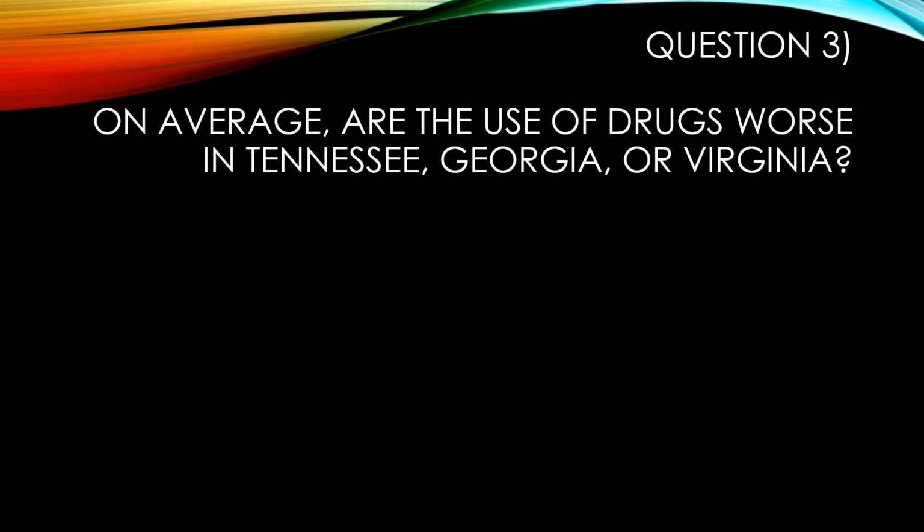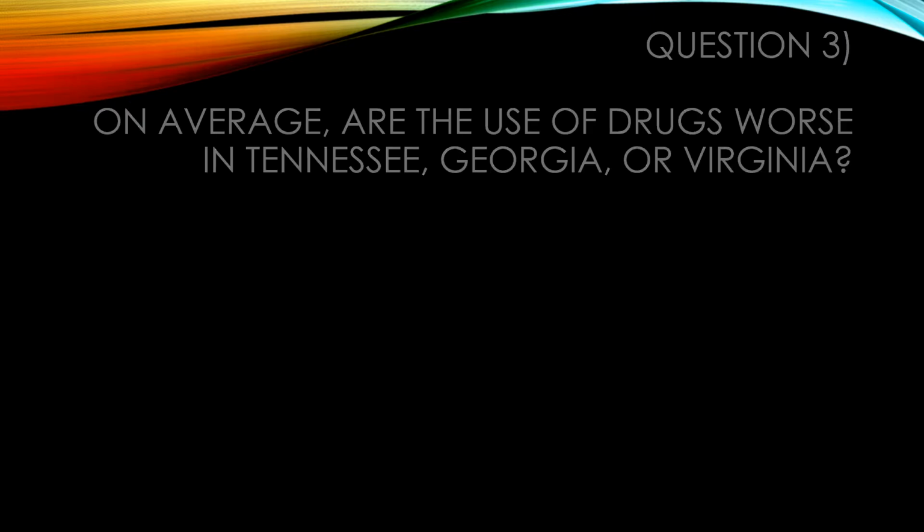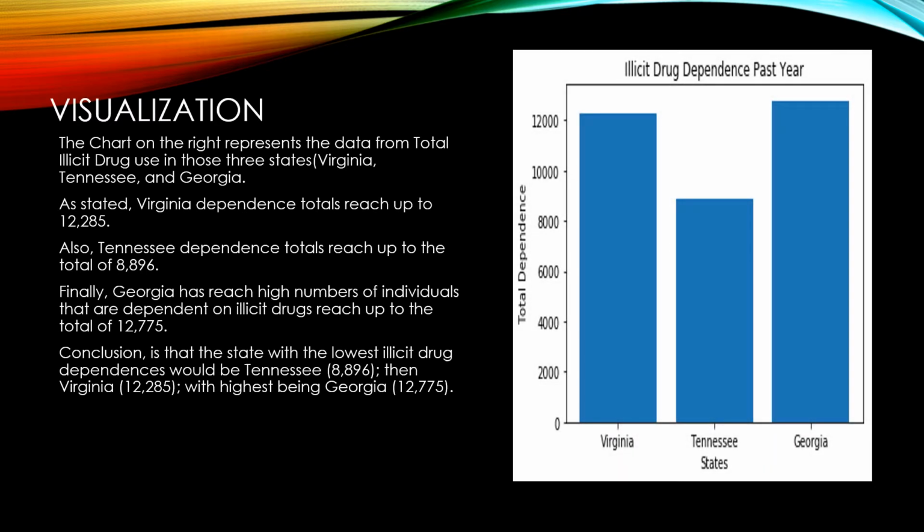Question number 3. On average, is drug use worse in Tennessee, Georgia, or Virginia? The bar chart on the right represents the data from total illicit drug use in those three states, Virginia, Tennessee, and Georgia. As stated, Virginia dependency totals reach up to 12,285.